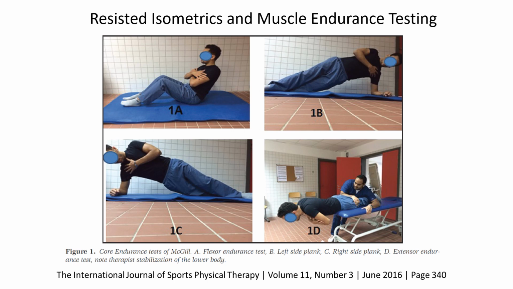And so for these particular activities, we call these the core endurance tests of McGill. We're dealing with a flexor endurance test, a left and right side plank, as well as an extensor endurance test. And for each of these, we show a video on the next slide that gives you a good understanding of how to test for each of these.